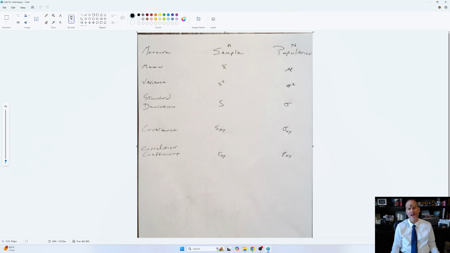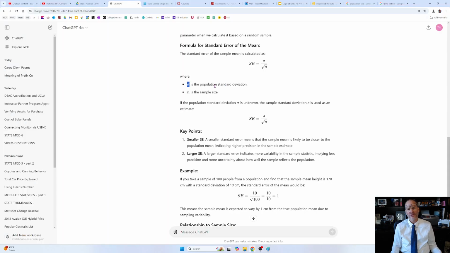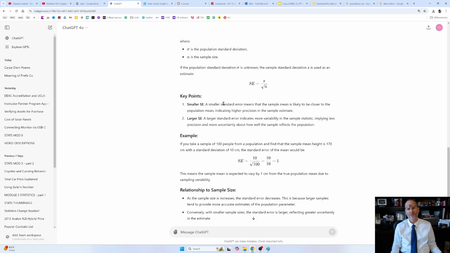For a population, it's just sigma, because we took the square root of the population's variance to get the standard deviation. This is the population standard deviation, and n is the sample size. We take the square root of that, and we get the standard error here. If the population standard deviation is unknown, the sample standard deviation s is used as an estimate. So you can see that's an s there.